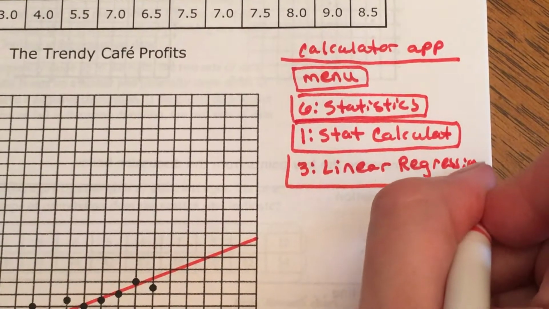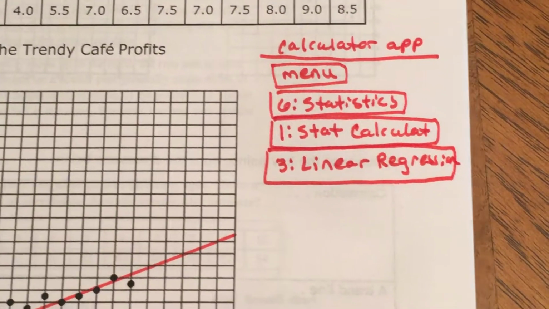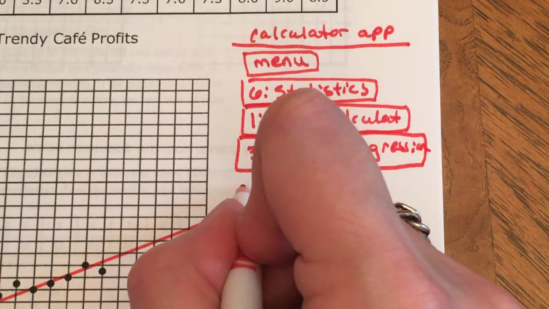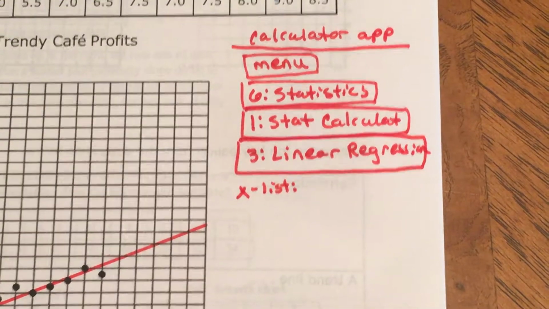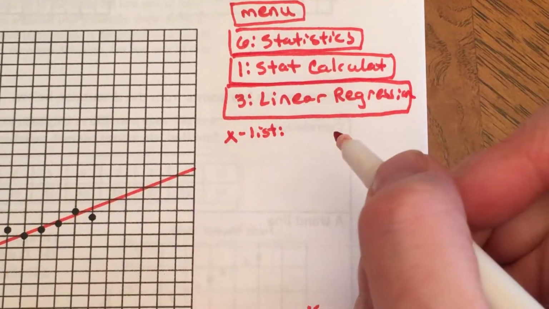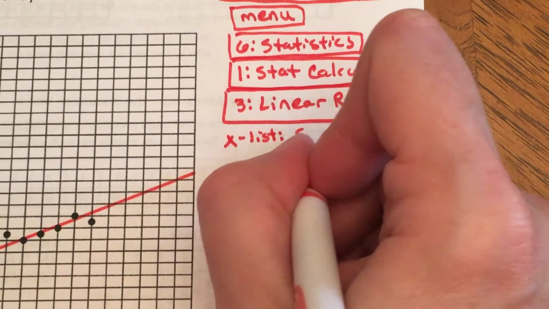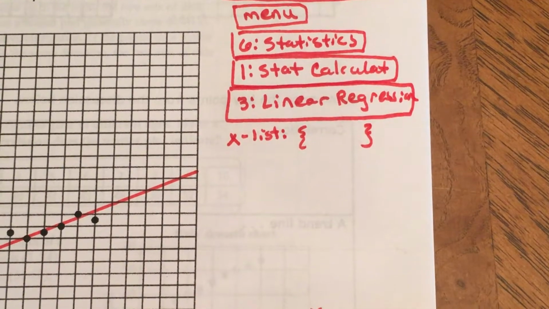And at this point, your calculator is going to open up a new screen and it's going to ask for an X list. When it does this, you're going to need to push two buttons, Control and then close parentheses, because it's going to open for you squiggly wiggly braces.